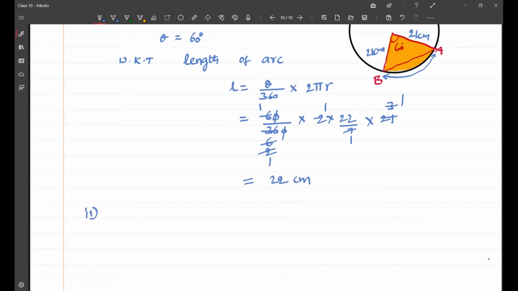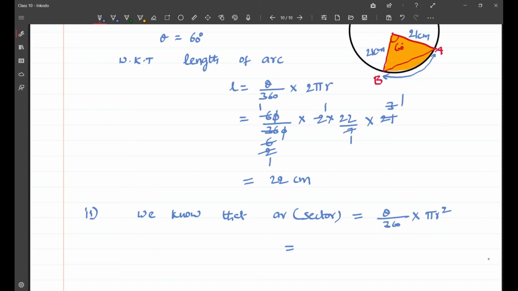We have already seen the formula of area of sector before starting exercise number 12.2. We know that area of sector is equals to theta by 360 degree multiply by pi r square.